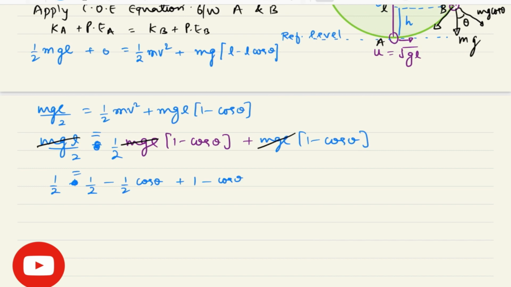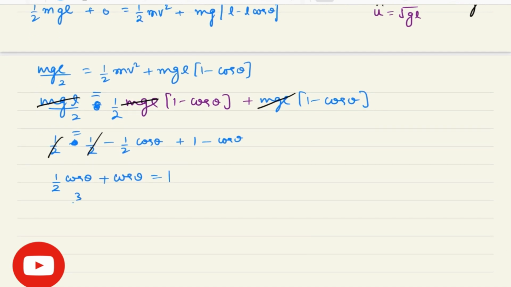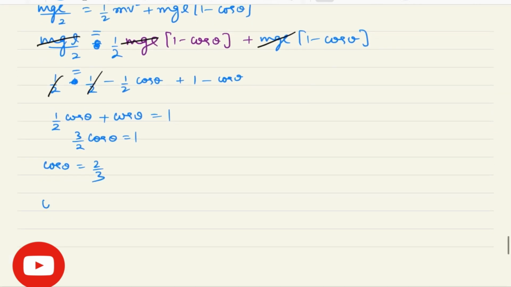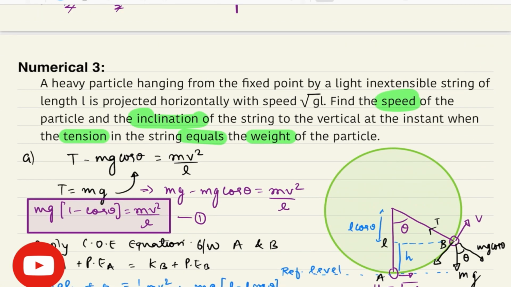Okay, so what we have now, these half terms cancel each other, so we are left with half cos of theta plus cos of theta equals 1. So it becomes 3 by 2 cos of theta equals 1. So cos of theta is equal to 2 by 3, and theta comes out to be cos inverse 2 by 3.